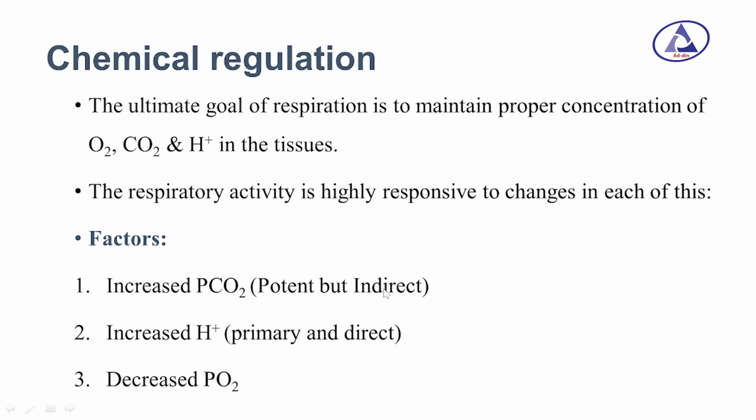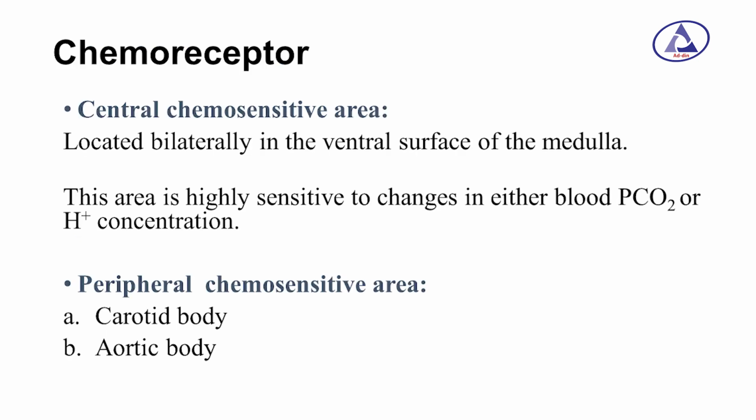That is why it combines with water to form carbonic acid. Then it becomes hydrogen ion, and hydrogen ion can readily pass through the blood-brain barrier. ঠিক আছে? Very important question. Hydrogen ion can readily and instantly pass the blood-brain barrier, but carbon dioxide cannot. That is why it is indirect.